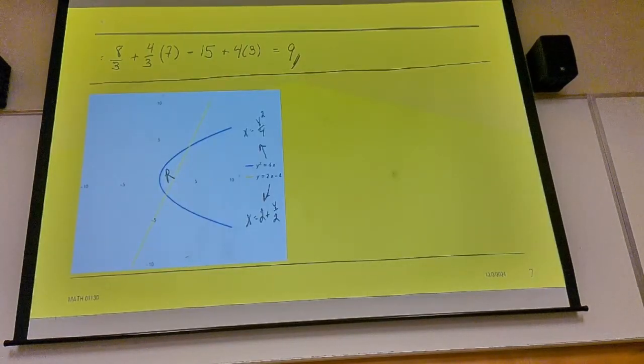Points of intersection. This one's a bit of a pain. It's because we have fractions involved.